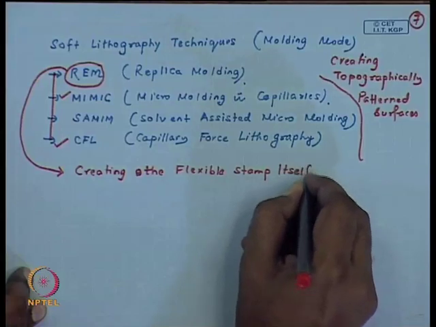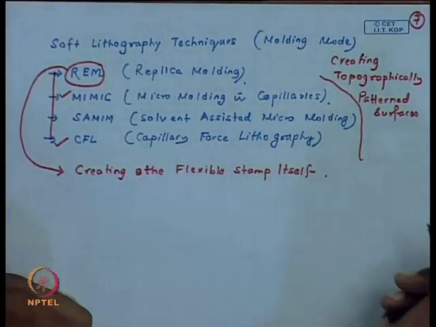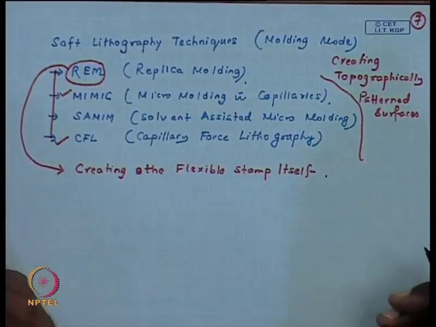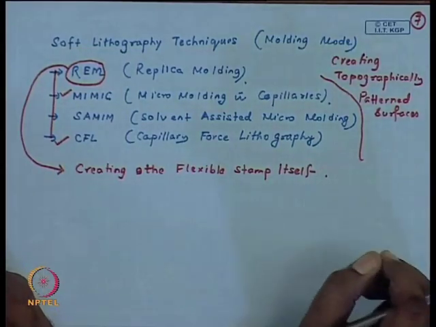Now, one question you may ask is how exactly do we create a flexible stamp? Well, this is where soft lithography depends on some other lithography technique. Typically, you take a rigid master or a mold which can be made by photolithography, as we talked about previously, or which can be a nano imprint lithography mold.